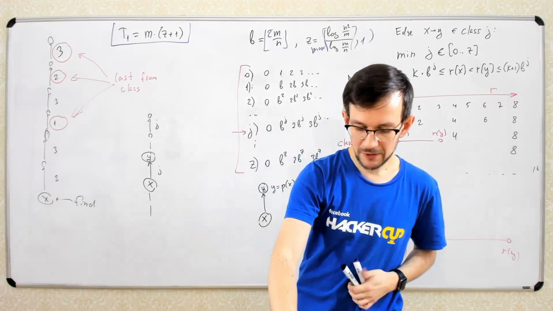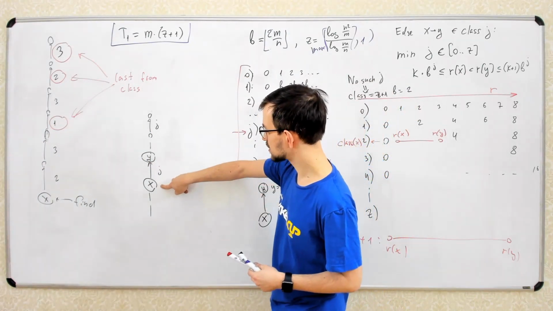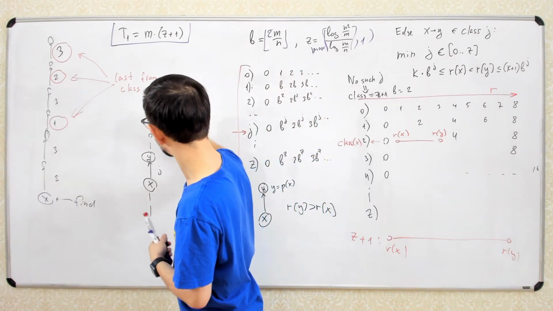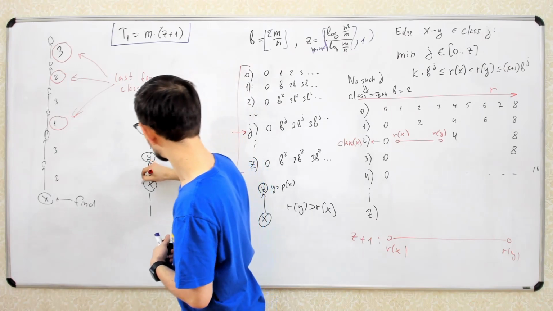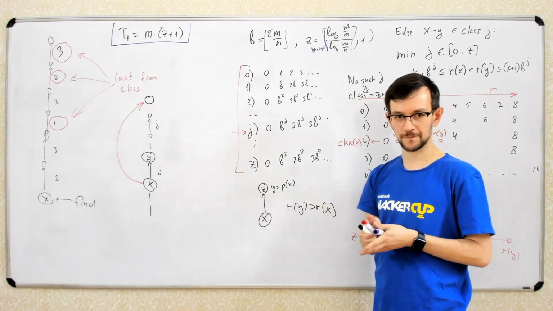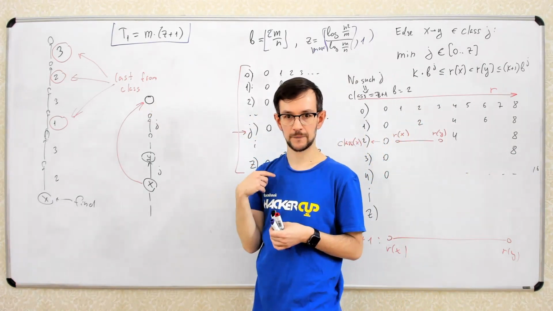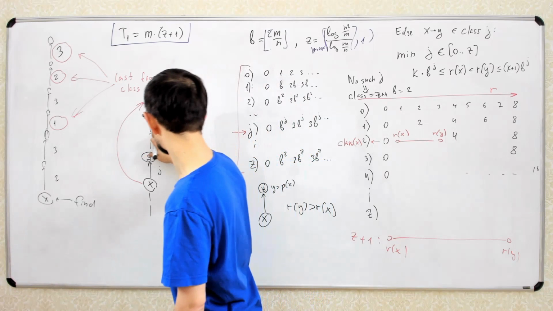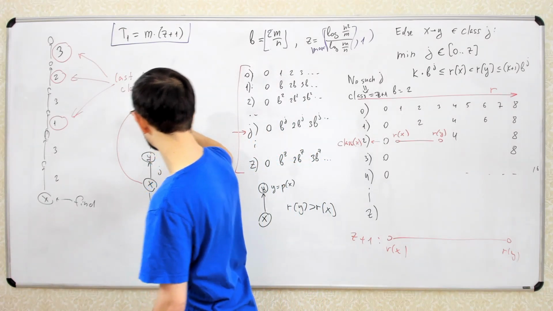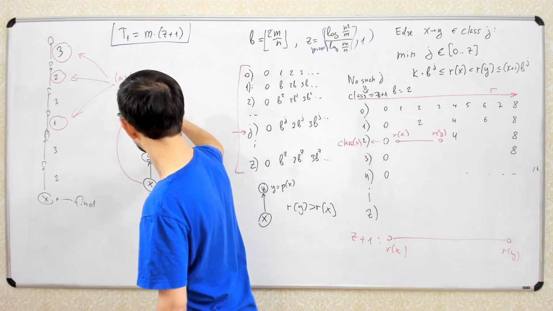Now, what happens when we apply path compression? We will link this X to some vertex here, which is above this vertex here. Let's call this vertex, let's say U, this V, and this will be, let's say, Y prime.